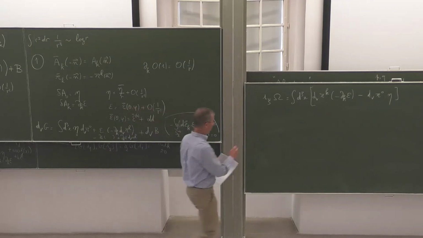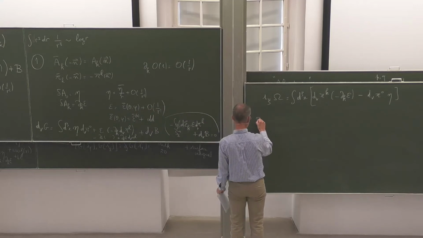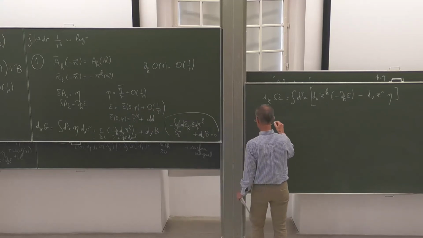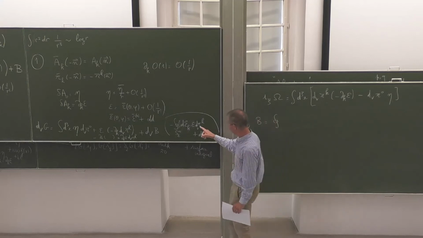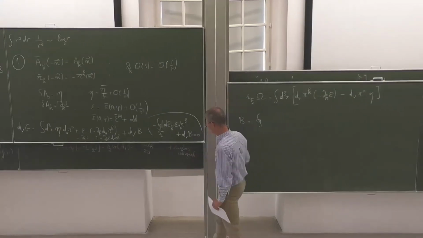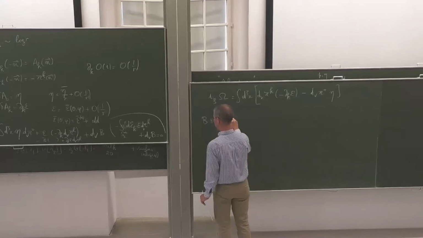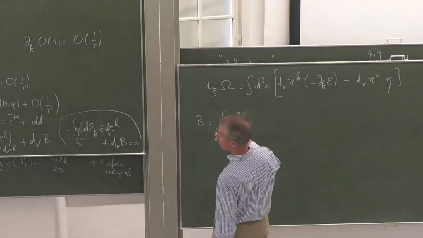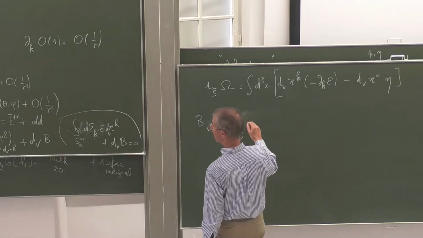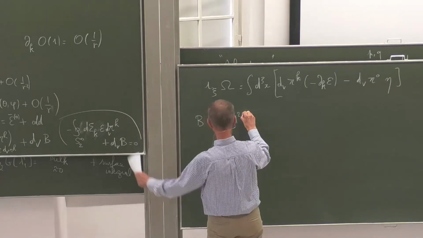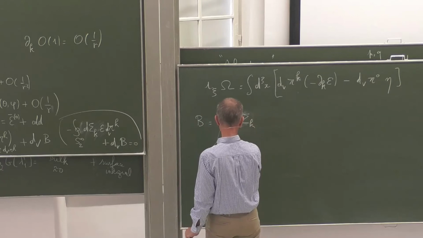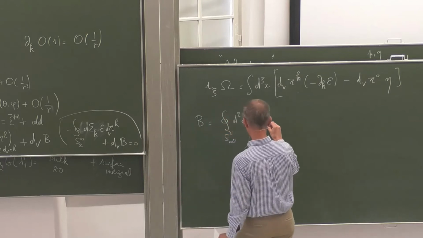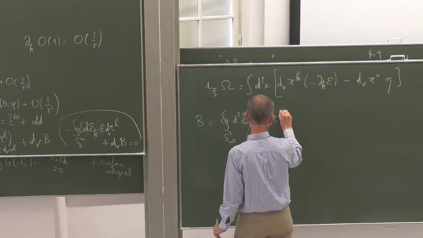Which tells me that the boundary term that I have to add is the integral, because it's easy to see that this is exact, and it is just d2 sigma_k. This was a line element. Sometimes I write it with sigma, sometimes with s, but since it's sigma, I write sigma on the two-sphere at infinity of epsilon pi^k.